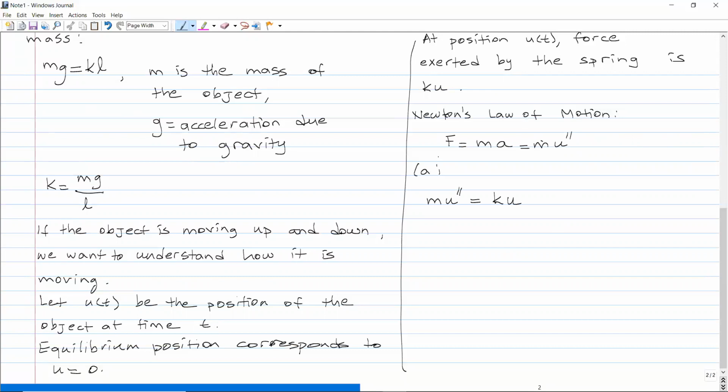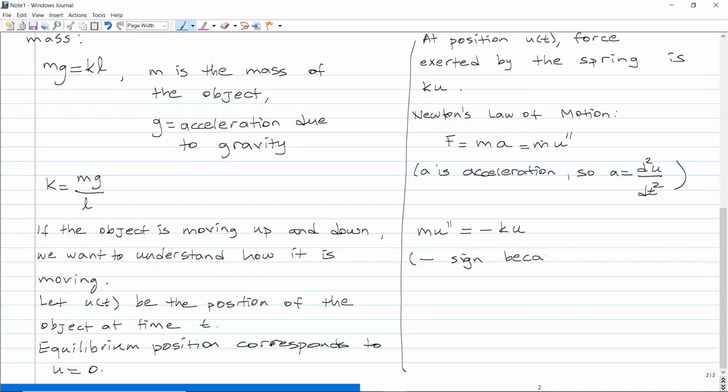Acceleration a is the second derivative of u with respect to t, which is u double prime. But now, on the other hand, the spring exerts this force in the other direction. So this is equal to minus k times u. Why the minus sign?